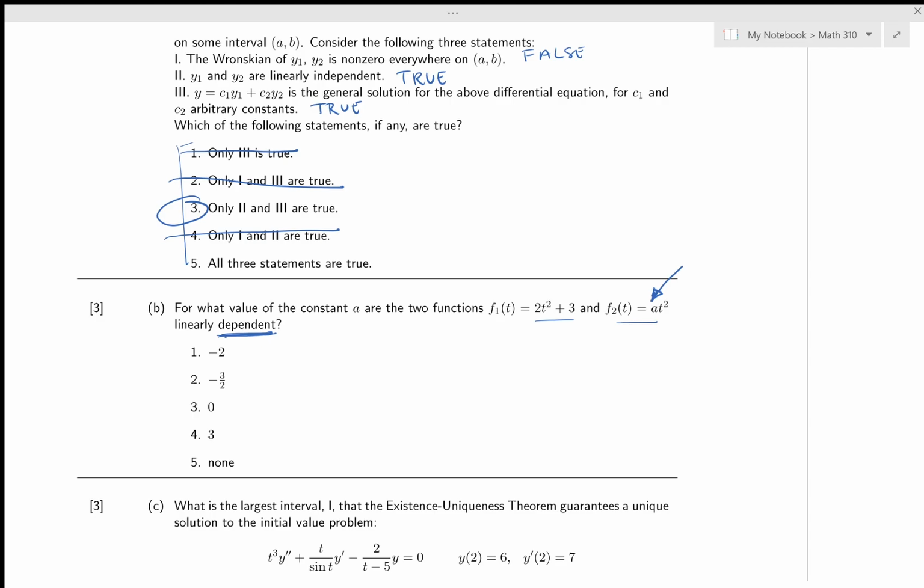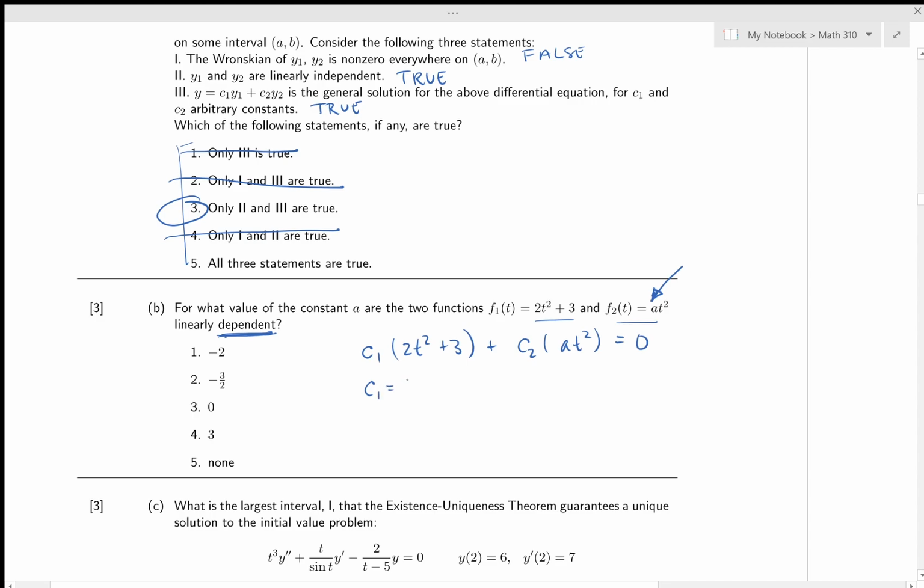And so I'm thinking, okay, hang on, I'm going to take a linear combination of these two functions, c1 times 2t squared plus 3 plus c2 times at squared. And I'm going to see for what values of c1 and c2 this statement would be true. I mean, it's not a possibility for me to have c1 and c2 equal to 0. Okay, why not?